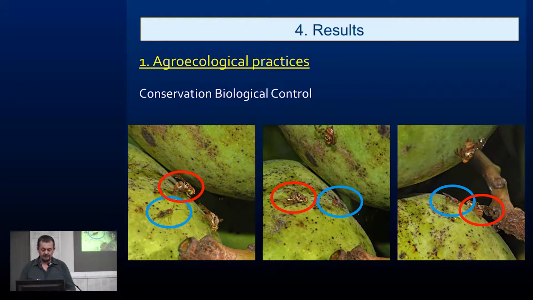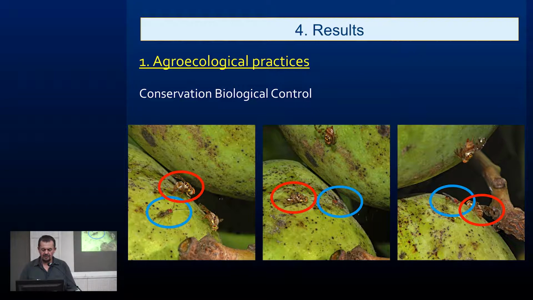After the female fruit fly lays eggs, the female parasitoid goes and looks for the eggs. And when it finds the eggs, the female parasitoid lays eggs in the eggs of the fruit flies under the skin of the mango.